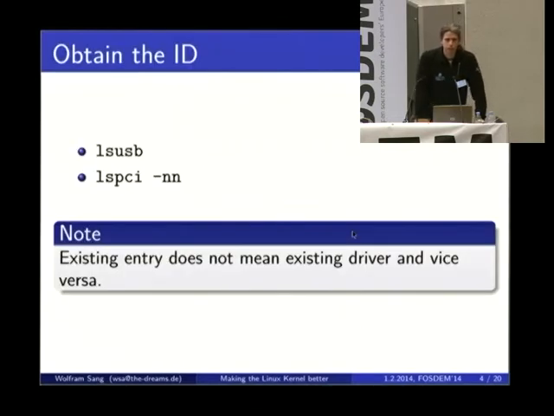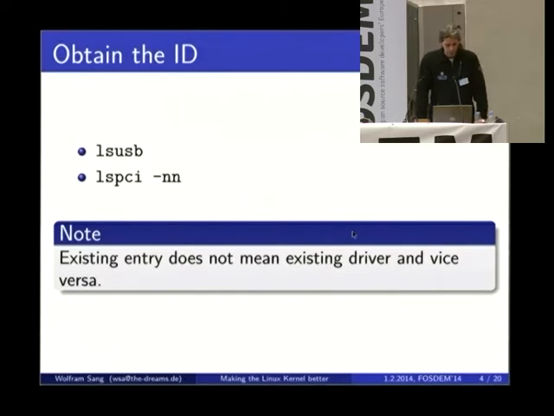The first thing is obviously to know more about the camera, and names do not help very much. We need a unique identifier, which in the case of USB devices is a USB ID. PCI devices have something similar, and you can run these commands, which you probably know, to find out about the USB ID or PCI ID, and if there's a name connected to it.